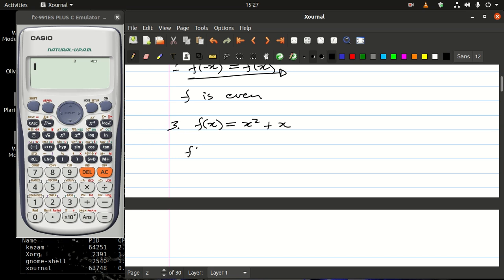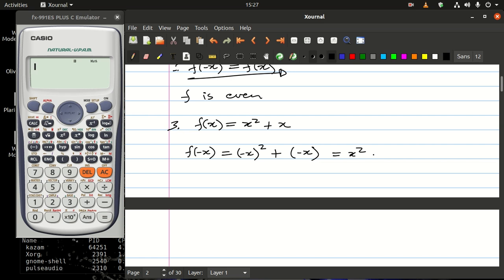First we want to plug in minus x and see what we get there. I'm going to plug in minus x for x: you square it, plus the value of x, I'm going to plug in minus x. The answer we get here is minus x squared, which is the same as x squared, and minus x.